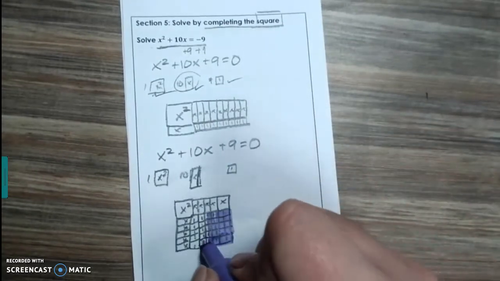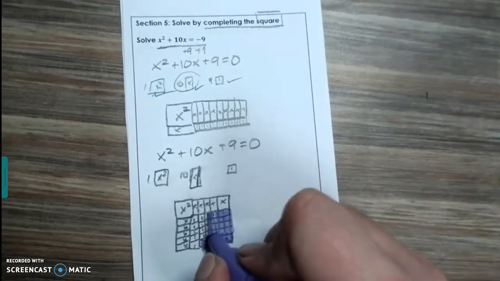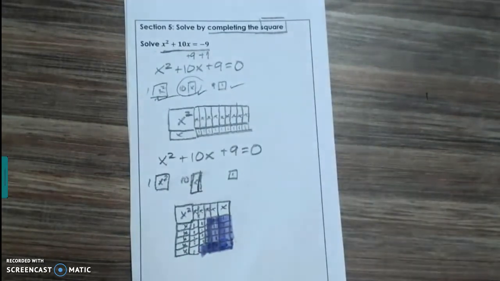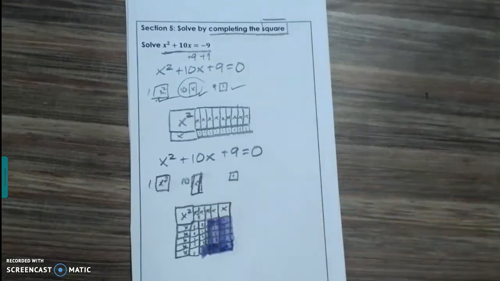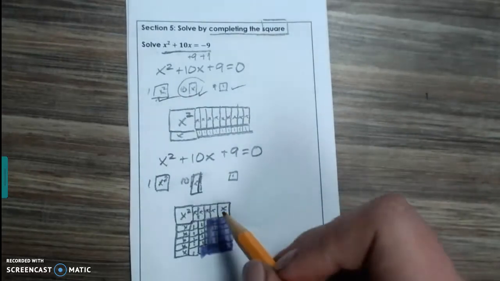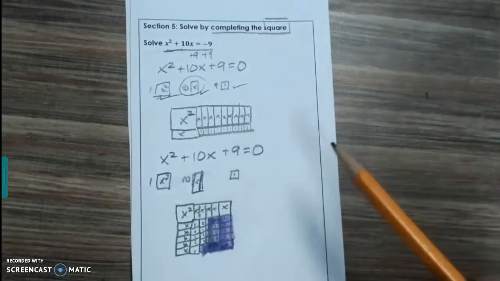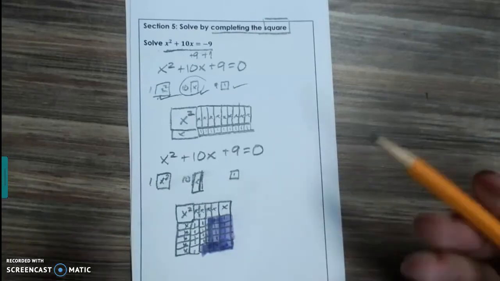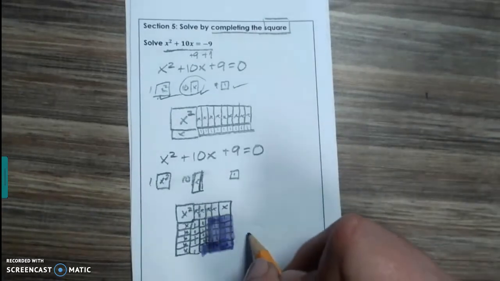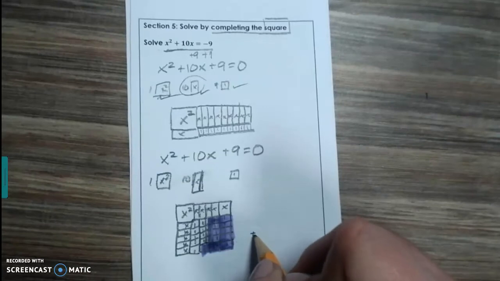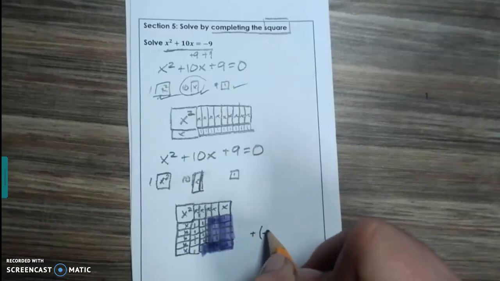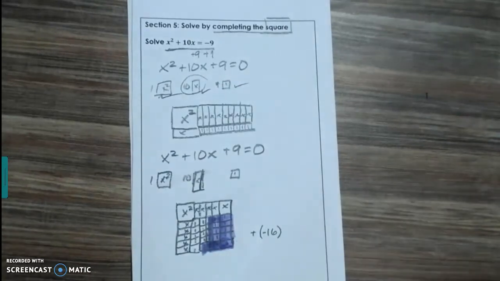Once I've added those 16 tiles, I will have completed the square. But if I add 16 positive tiles, I also need to add 16 negative tiles. So that's essentially what I'm doing when I complete the square.